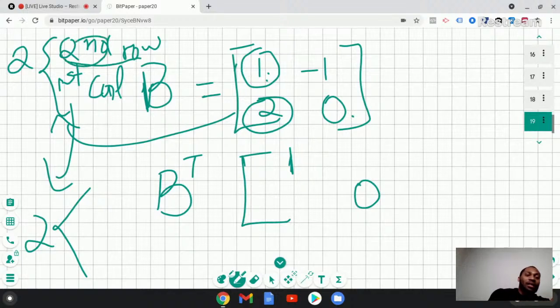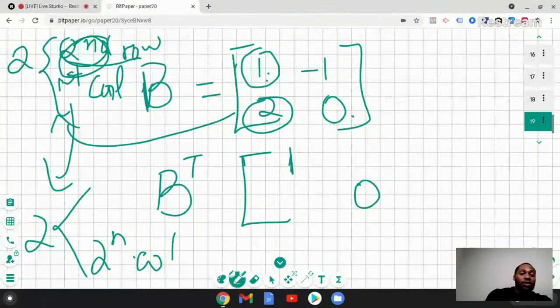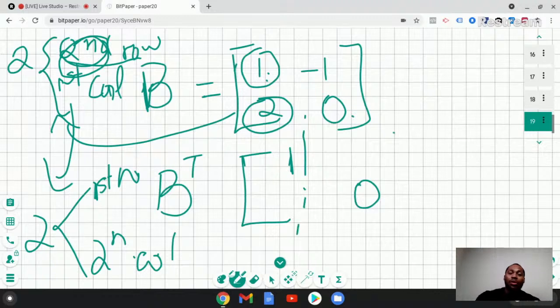It's going to be in the second column and first row. This is the first column right here, and this is the second column. 2 is going to be in this column: second column, first row. 2 is going to be here.